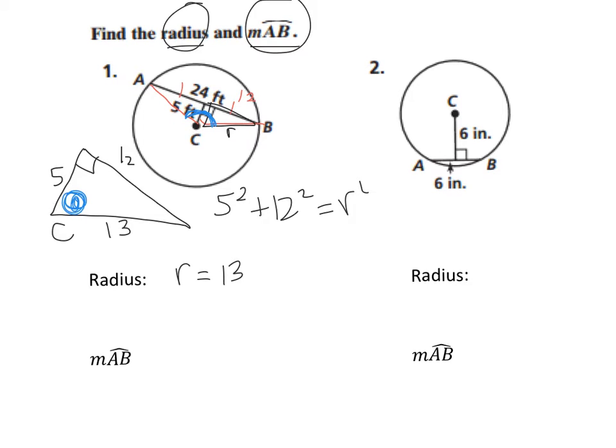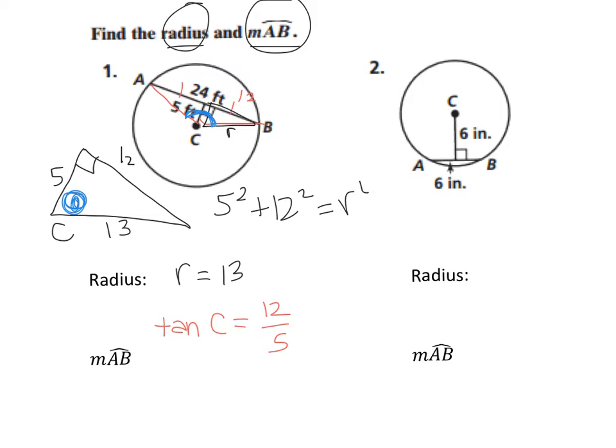So to find this angle, you have a right triangle, so you can use SOHCAHTOA. So you can either use sine, cosine, or tangent because we have all of these sides. So I'm just going to use tangent. So I'm going to do the tangent of angle C in my triangle equals 12 over 5.